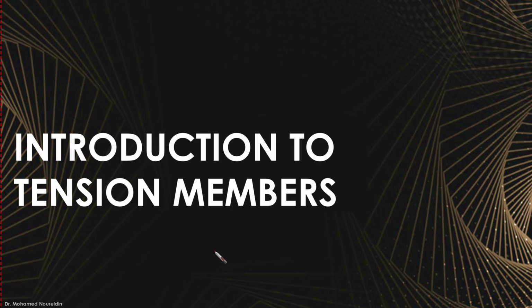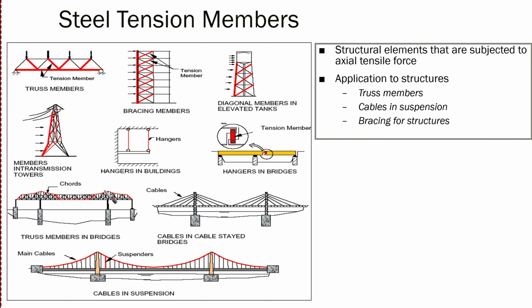Okay, now let's jump to the introduction to steel members. In general, we want to highlight this part, which is the introduction for us. For steel tension members, we have different structures that use them.